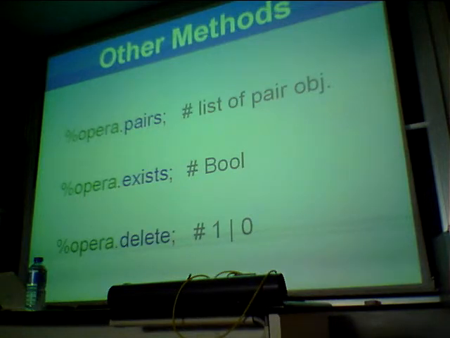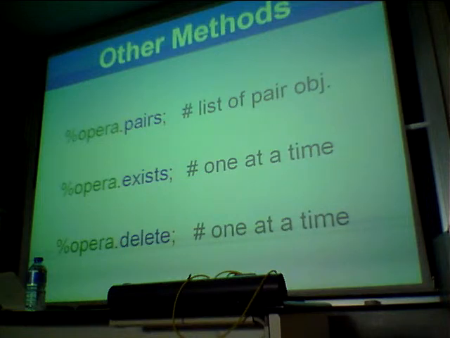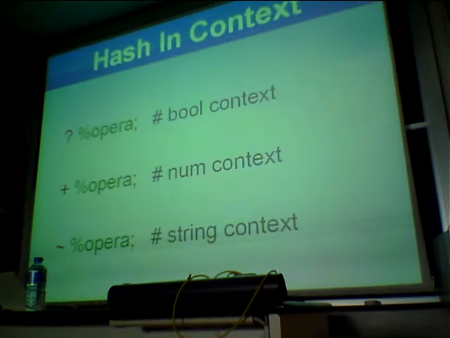Okay, so if you take the pair method on a hash, you get a list of pairs out of it. Of course, you can still ask if some key exists, but you can just ask about one element at a time. Also delete just one element at a time. These contexts still work, like I said, on a list.